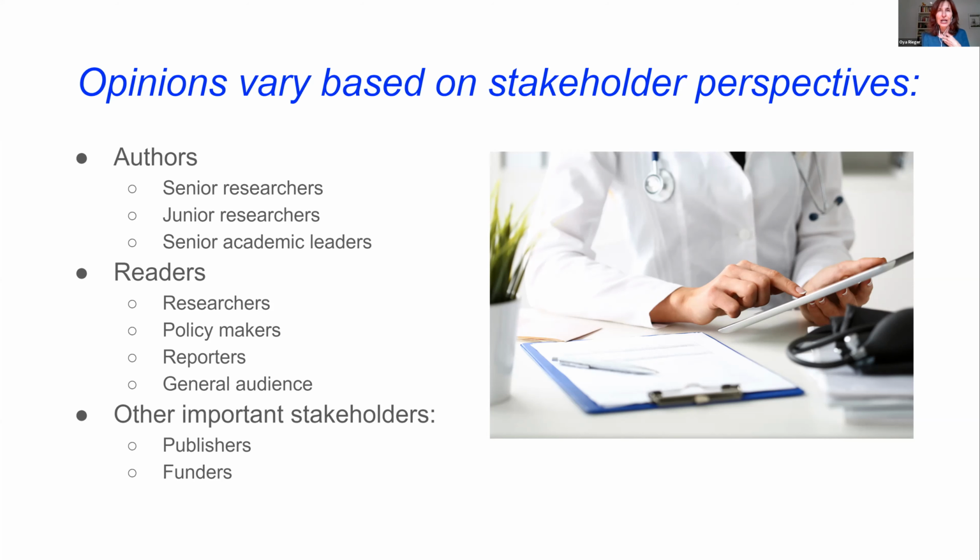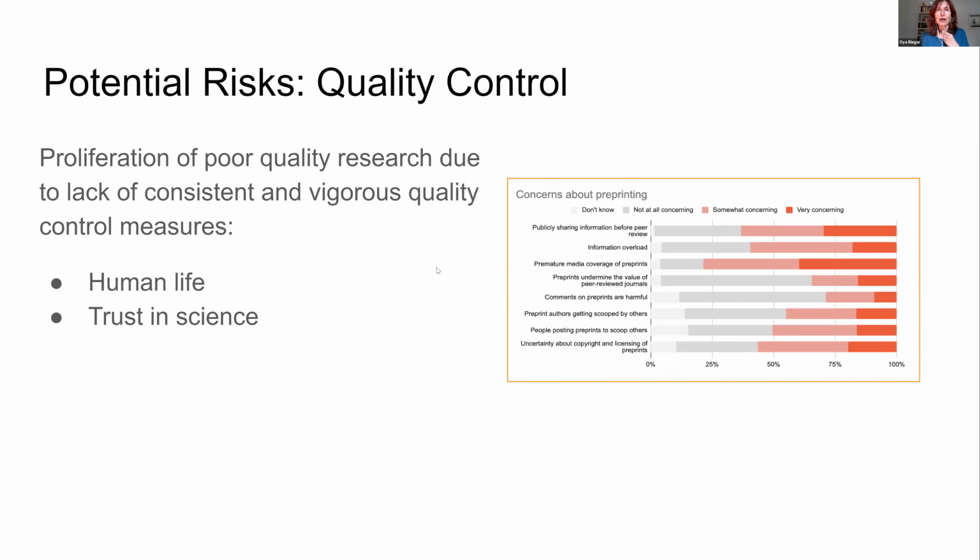Next slide, please. So let me go into some more detailed examples, bearing in mind that stakeholders will approach questions about concerns differently. One issue that almost everyone agrees on is the importance of quality control. There are now more than 60 preprint services, last time I counted, which was in May.